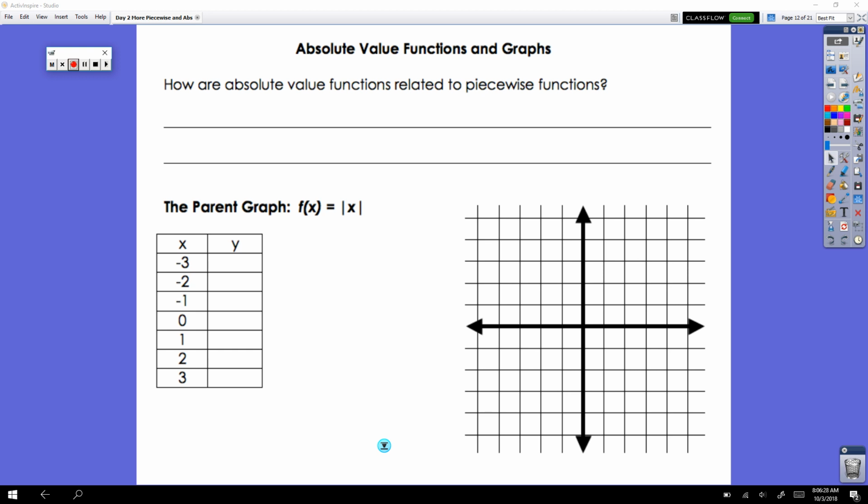So today we're going to be talking about absolute value functions and graphs. How are absolute value functions related to piecewise functions?